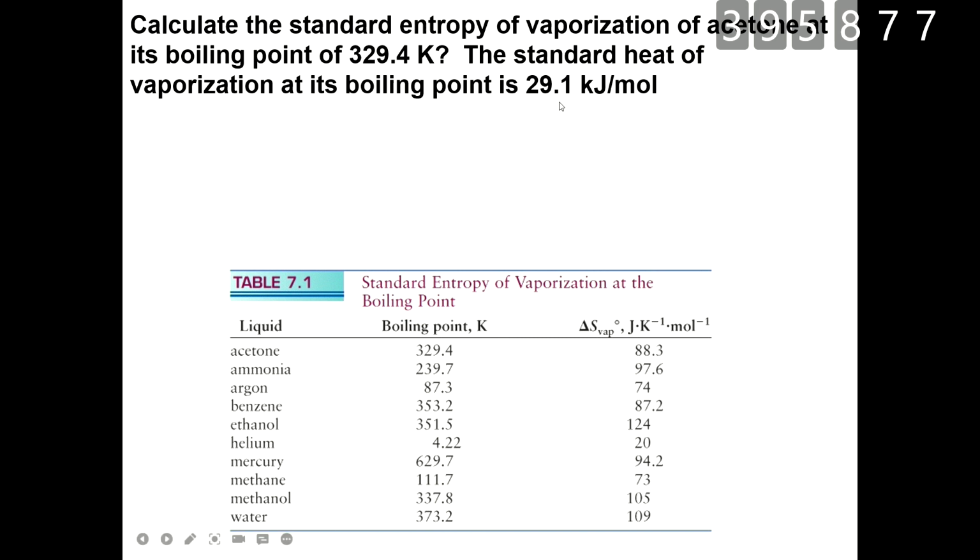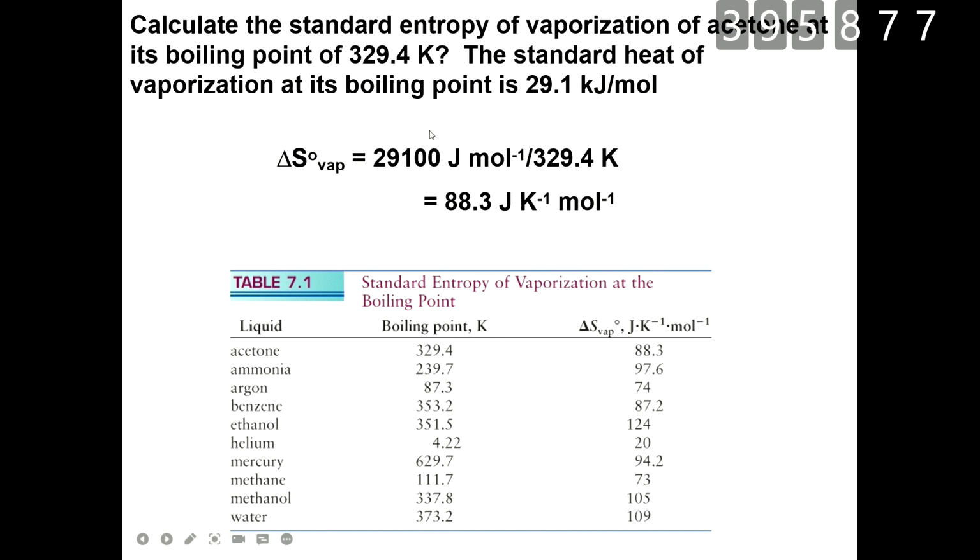This one, right? And the temperature is this one, right? Good. So just use this number divided by this number. It's easy. And the unit of entropy is joules per Kelvin per mole.